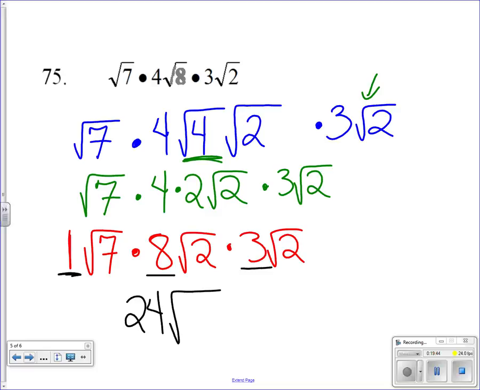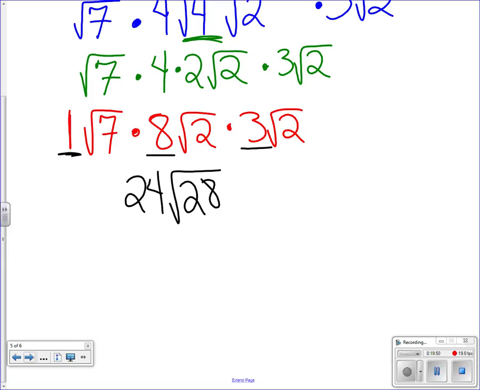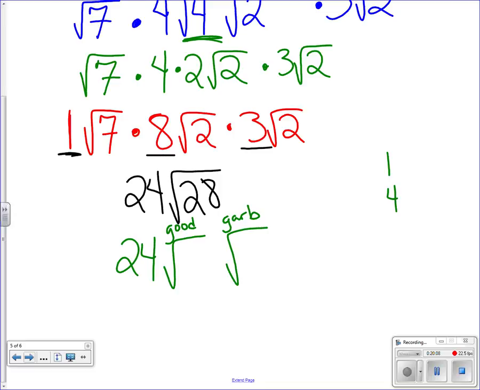At this point now, you would just do some good and garbage with this 28. So we have 24. Here's my good. Here's my garbage. Going back to our list of perfect squares: 9, 16, 25. 28 is evenly divisible by 4.